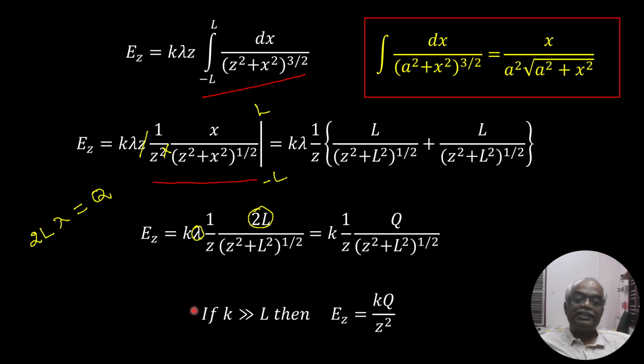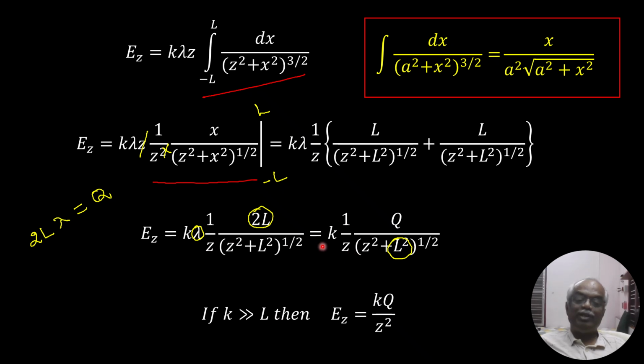Now let us test whether it is a valid solution or not. Let us take z very much greater than L. You can ignore L squared here because L is very small compared to z. So what is the value of z squared to the power half? It is z. Already there is one z here.